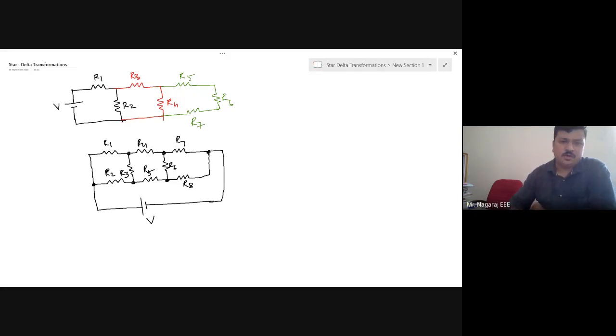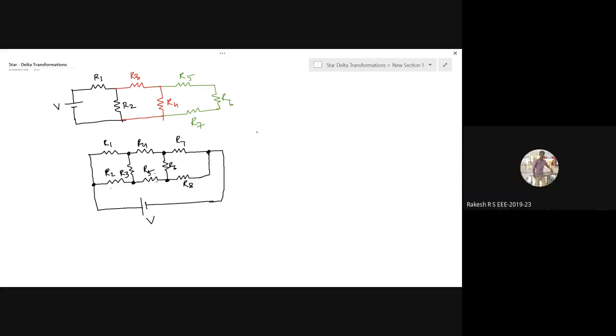So between R1 and R2 there is a node, between R1 and R4 there is a node, between R3 and R2 there is a node, between R3 and R5 there is a node, between R5 and R8 a node, R5 and R6 a node, R7, R6 and R4 there is a node. So none of these 8 resistors are directly in series nor exactly in parallel. Do you agree? Yes, sir.